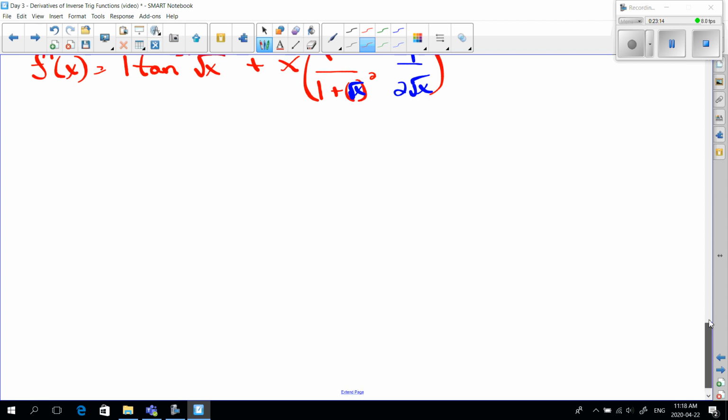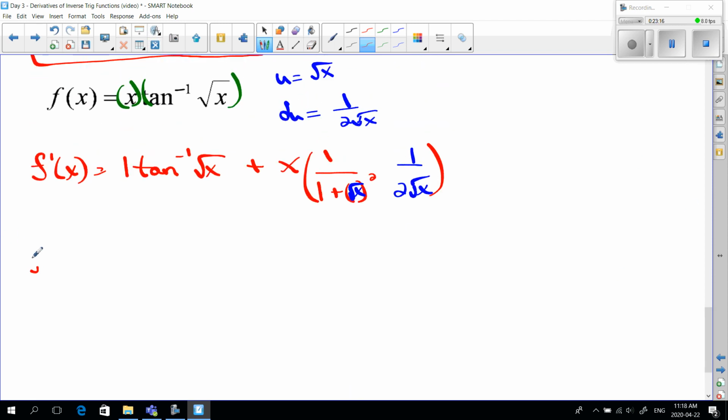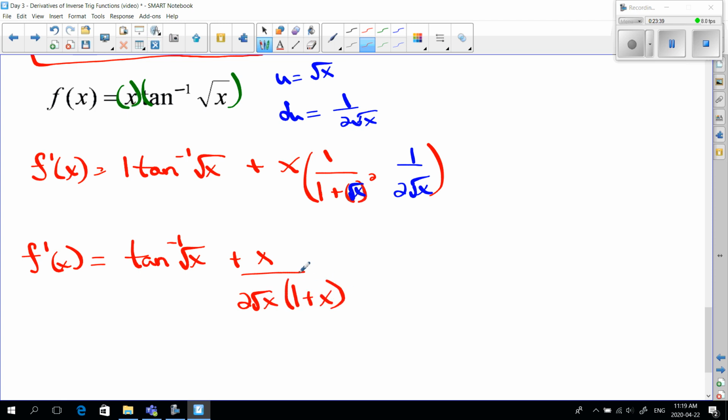Okay, this first term doesn't really simplify. 1 times the inverse tangent of root x is the inverse tangent of root x, not x. This, however, will simplify. I will end up with x times 1 is x, and on the bottom I'd have a 2 root x times a 1 plus x.